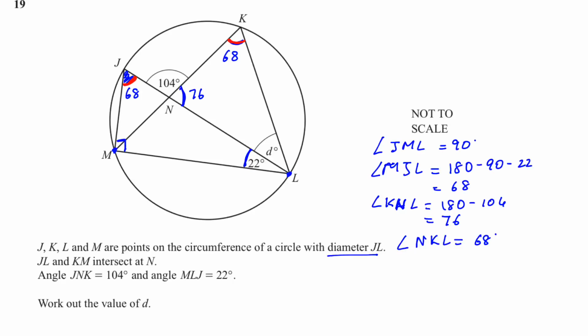We are talking about this triangle here. You know there's some property of triangle. You're going to add the 3 and it should equal to 180. Therefore, d is equal to 180 minus 76 minus 68, 36 degrees.